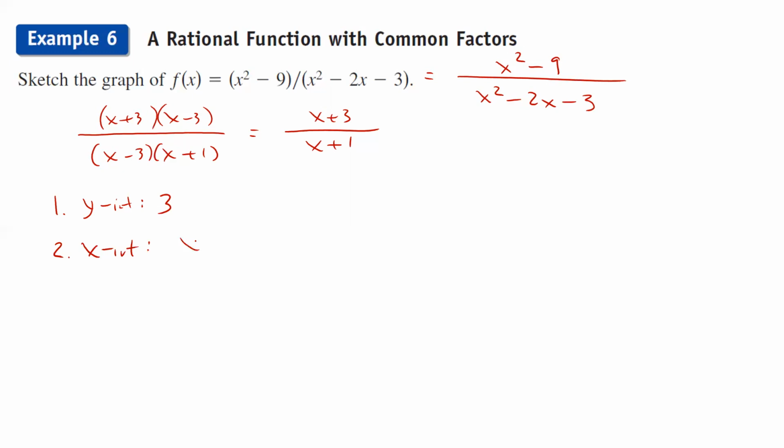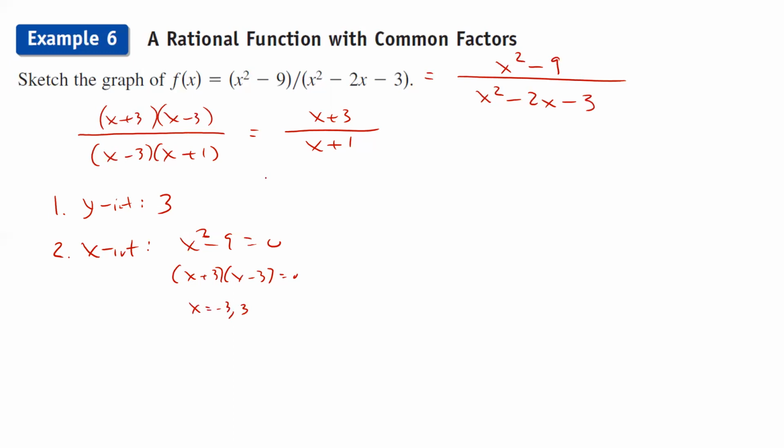So x-intercept are original problem pieces right here. And then we have to do the factoring again. With x is equal to -3 and 3.